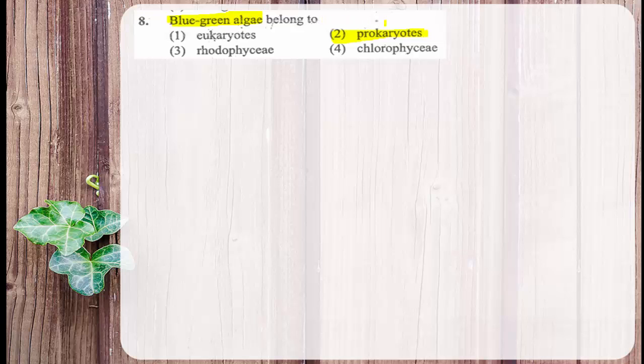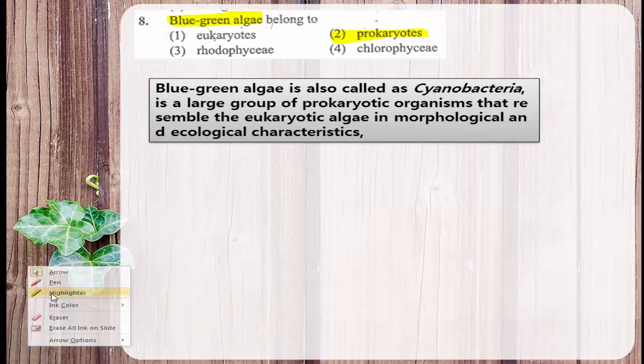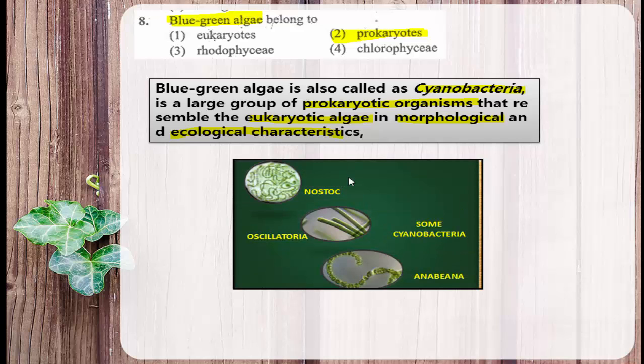So blue-green algae belongs to prokaryotes because blue-green algae, it is the common name of cyanobacteria, and cyanobacterial members are belonging to kingdom Monera. So cyanobacteria, large group of prokaryotic organisms that resemble the eukaryotic algae in morphological and ecological characters. Here are some examples of blue-green algae: Nostoc, Oscillatoria and Anabaena.